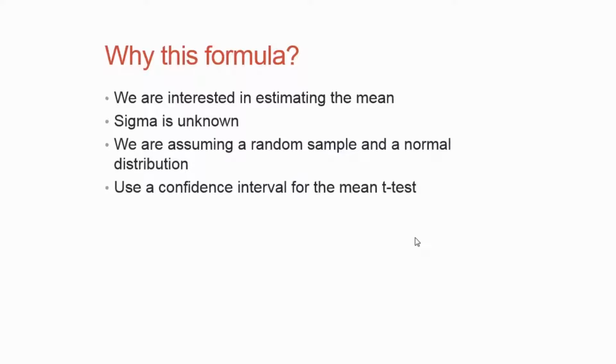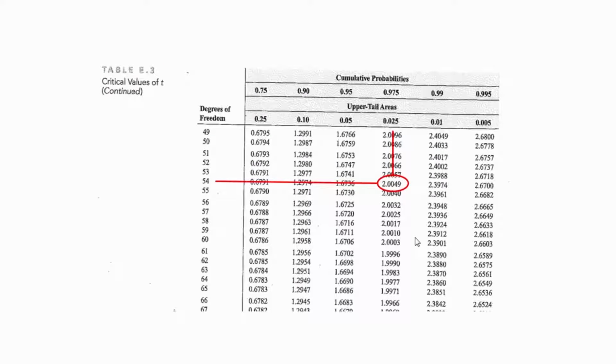So we don't have to worry about whether the population is or not, because the sample size is greater than 30. We want to use a confidence interval for the mean using a t-test. So we want an estimate within a range of the mean, and we don't know the standard deviation for the population, so that's why we're using t.